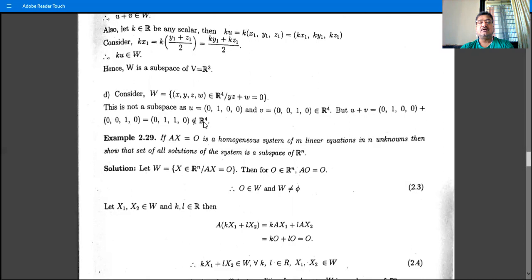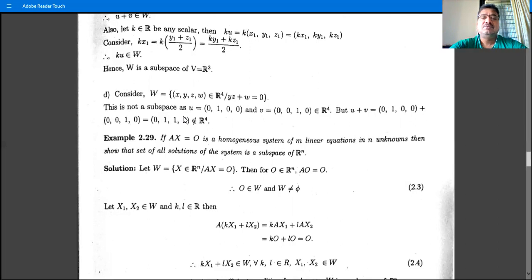And if we observe this element (0, 1, 1, 0), it is not an element of W. It does not satisfy this condition because y into z is 1, plus w is 0, so 1 plus 0 is not equal to 0. It is equal to 1. And therefore this does not belong to W, and therefore W is not closed for addition and is not a subspace of R raised to 4.